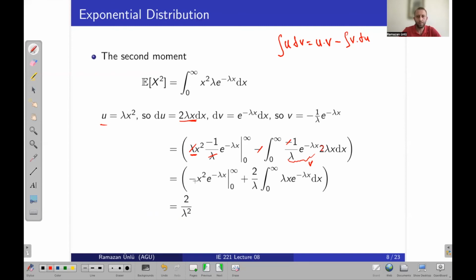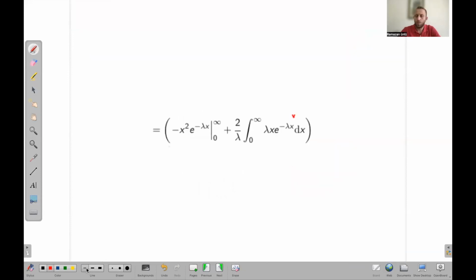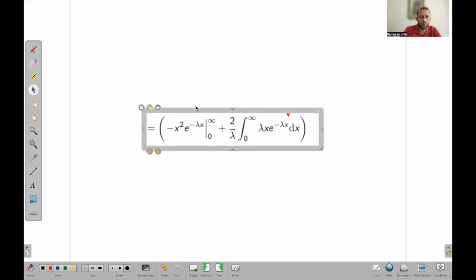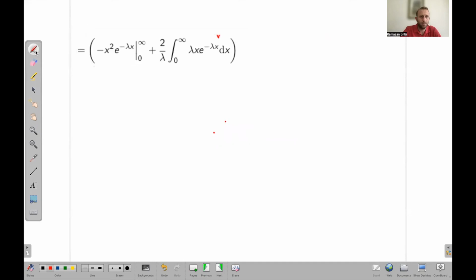Now let's take this part, and let's start from the first part. If I put 0 into x, that will be easy.